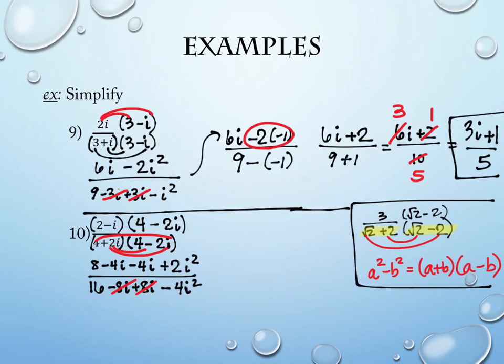So while they didn't cancel, they do in fact combine in the middle on top, right? So I have an 8, I have negative 8i. And these i squareds will equal negative 1. So I have a positive 2 times negative 1. And on the bottom I had 16. And I have a negative 4 times negative 1.